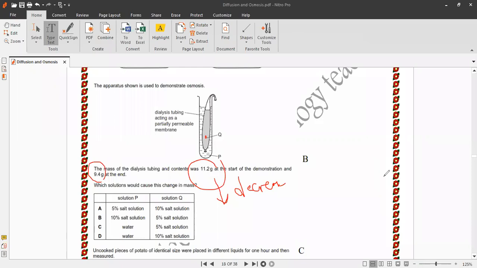Ahmed, what could cause the mass to decrease? Mazen. Safe.